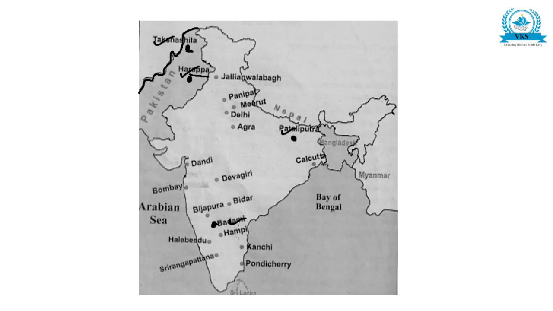The next place is Kanchi. You come to Tamil Nadu here. Here you can see Kanchi, Kanchipuram. It is near Madras in Tamil Nadu, and it was a capital of Pallavas. The city is famous for many Shaiva and Vaishnava temples, and the world famous Kamakshi temple is found here.